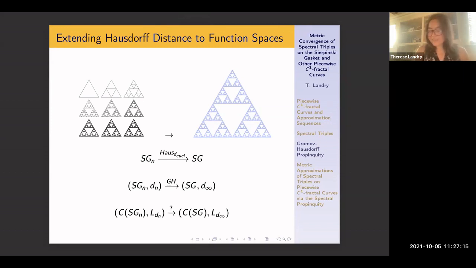So if you take C of x, you equip it with the Lipschitz semi-norm associated to that metric. And what metric can be applied in this setting? Well, we can apply the Gromov-Hausdorff propinquity metric because these Lipschitz algebras are prototypical examples of quantum compact metric spaces.